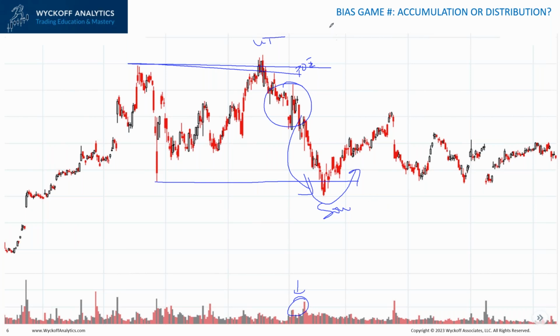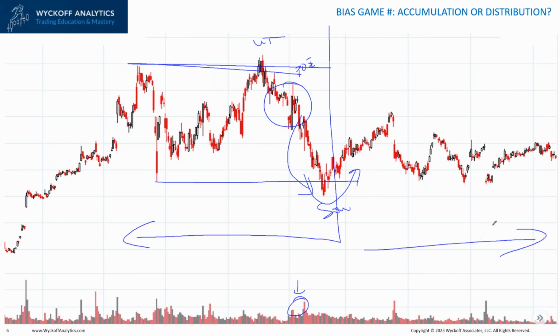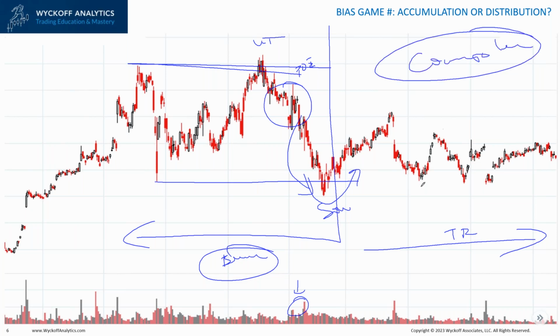I would say maybe just divide this into two parts, 1 and 2, right? The first part is definitely bearish. What about the second part? We have a trading range here. Remember how in the complex structures we would state that if we have a mini structure within another structure, we really need to go to that trading range and decipher it.